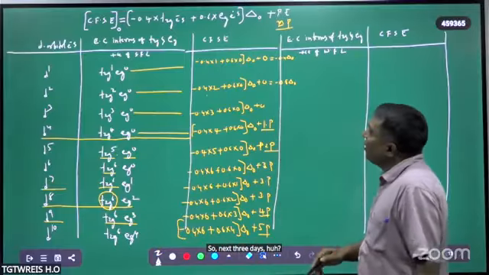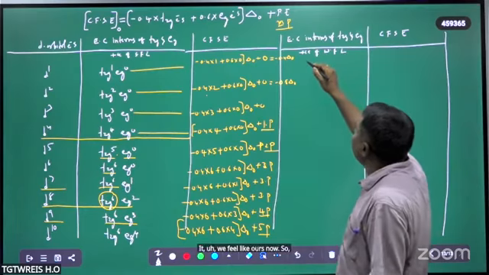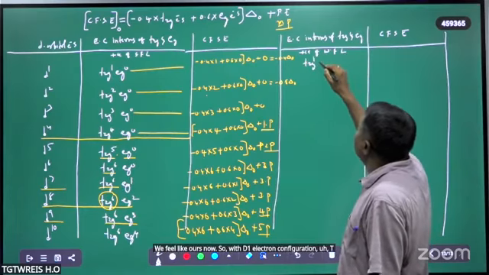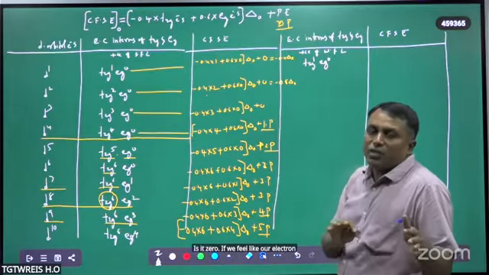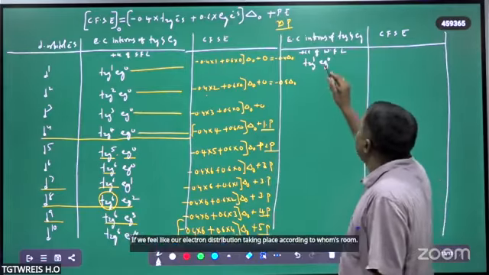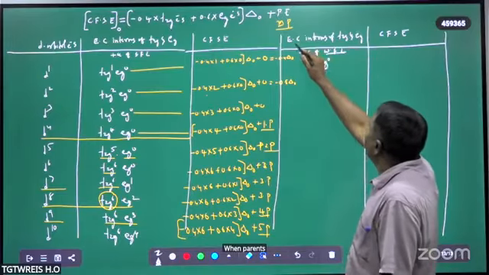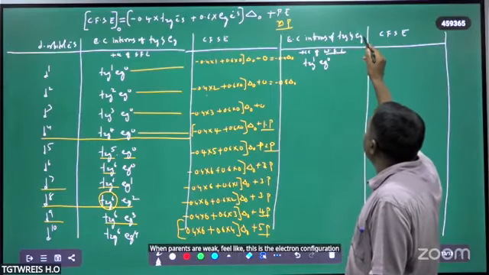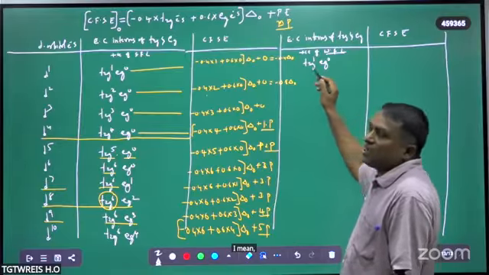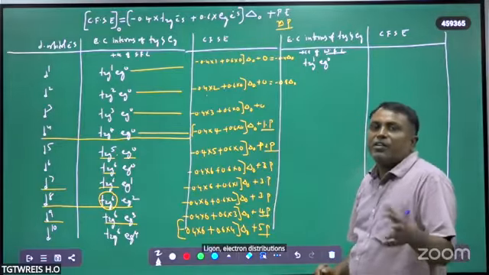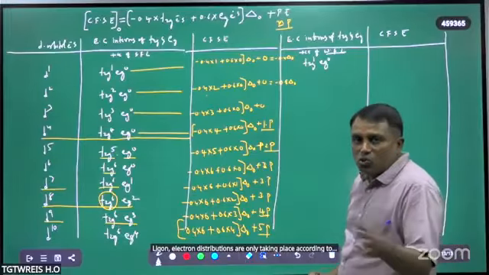with weak field ligands now. So with d1 electron configuration, t2g1 is 0. With weak field ligands, electron distribution takes place according to Hund's rule. So in the presence of weak field ligand, this is the electron configuration in terms of t2g and eg.